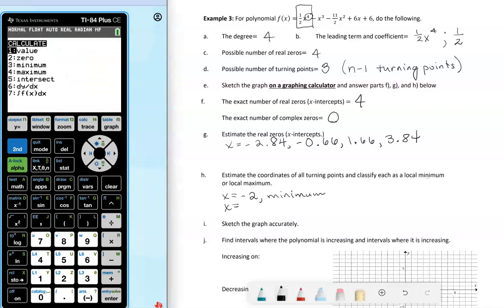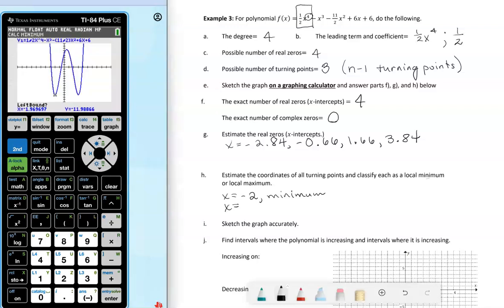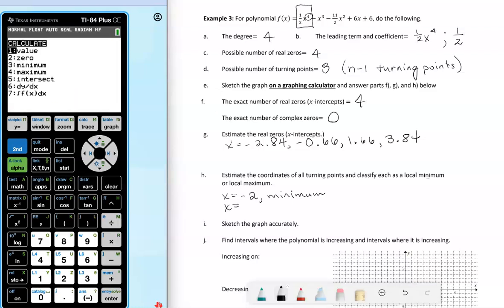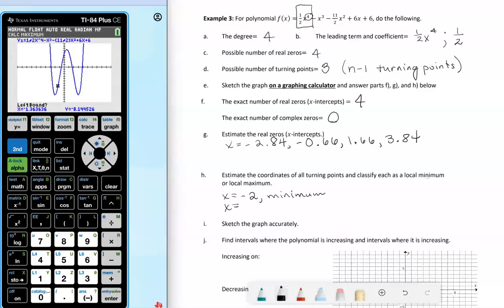Oh, sorry, second quit. Put my graph back up. Second trace, maximum's number 4. Left bound, right bound, guess, excuse me, it's going to be 0.5, and that's a maximum.